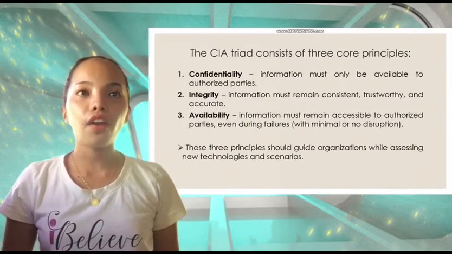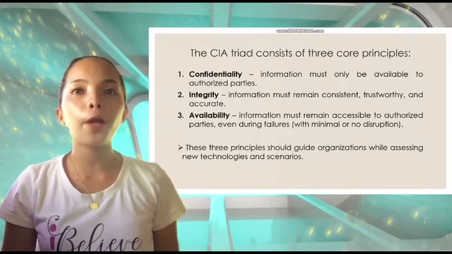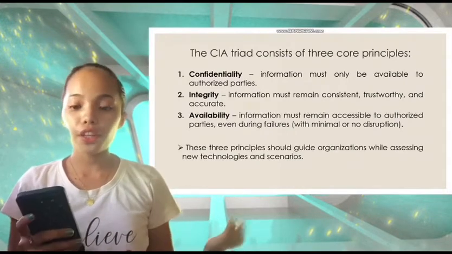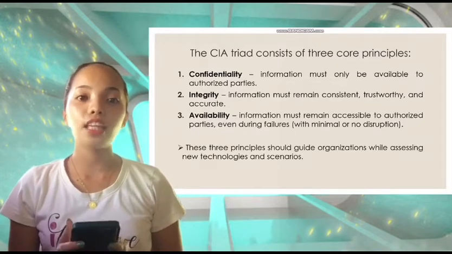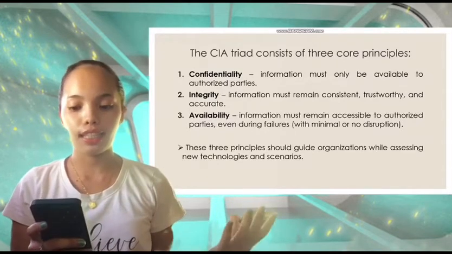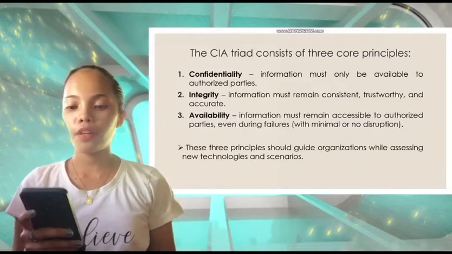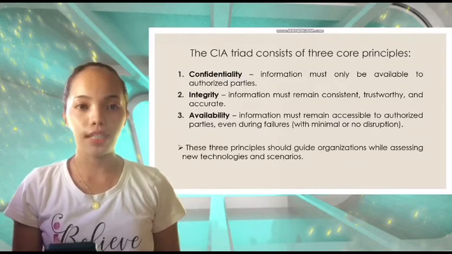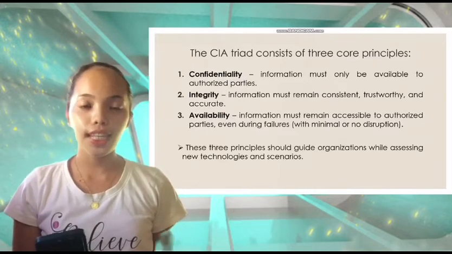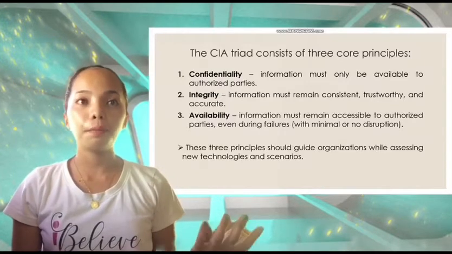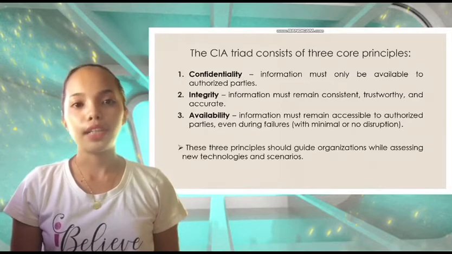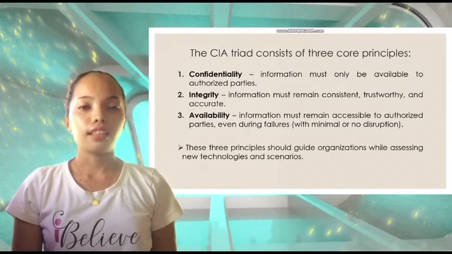The CIA triad consists of 3 core principles. Together, these principles serve as the foundation that guides information security policies. So, here's a brief overview of each principle. First is confidentiality. The information must only be available to authorized parties. Second, integrity.